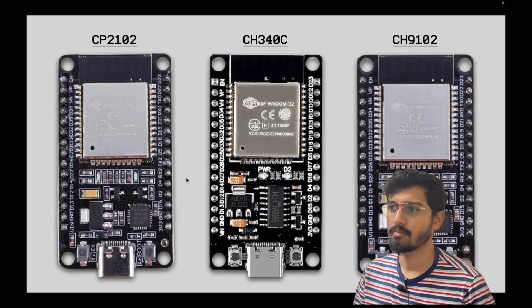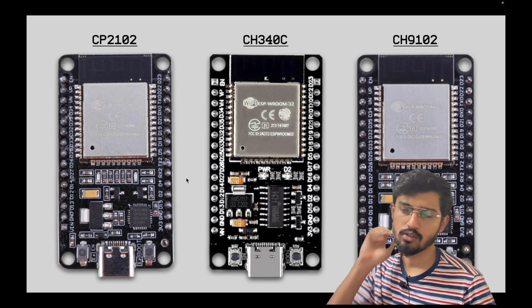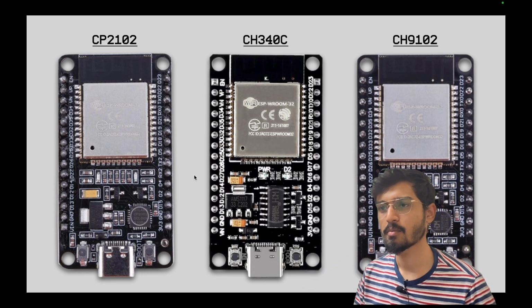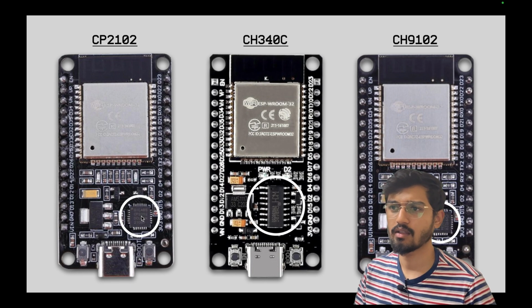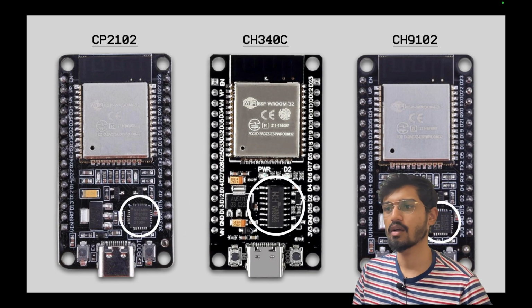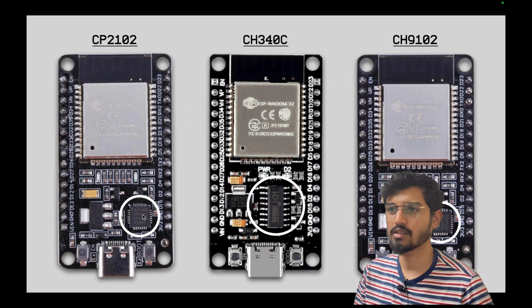Okay, now if you take a close look at the ESP32 you have, you can see that there is this small square chip, depending on the ESP. It can also be this rectangular chip here, but more or less the one that is located here.